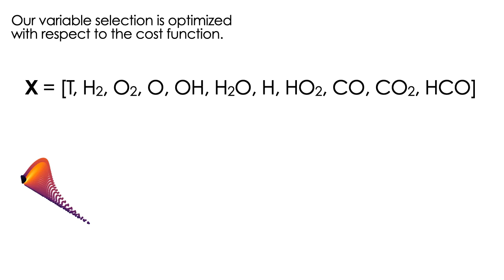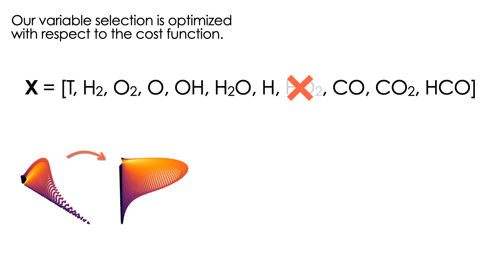And now the algorithm basically removes every variable one at a time. It's removing it, creating a projection, and measuring the cost of that resulting projection. And eventually it removes that variable for which the cost was smallest. So at the first iteration, it decides to remove HO2 mass fraction, and this is the resulting projection.